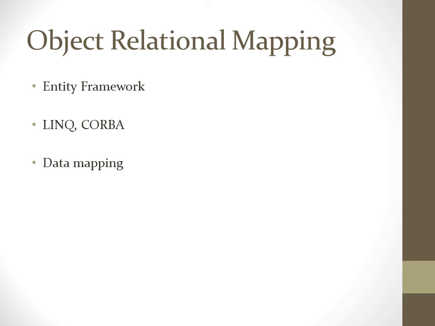SQL allows you to do things like retrieve a data set according to a query. LINQ and CORBA extend that same functionality to the programming language itself, so that data stored within an application's memory that's in a relational format can be queried as if it was relational data.